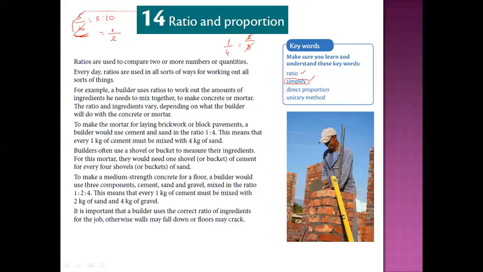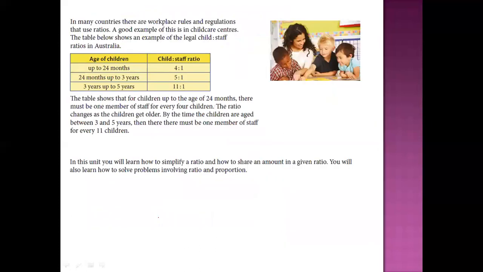As I said, when the cement is increased by 5 or by 10, the others must also be increased by the same amount. It's important that the builder uses the correct ratio of the ingredients for the job. Otherwise, walls may fall down or floors may crack.